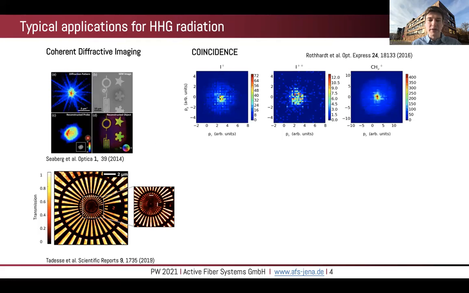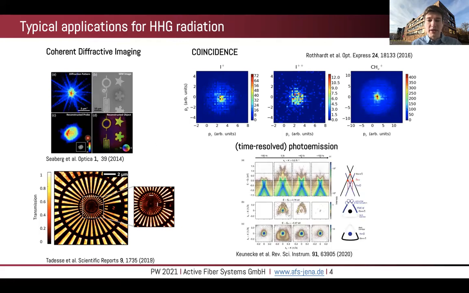Another important application for high rep rate HHG radiation is coincidence experiments, where you really have to rely on statistics to gather data and find your results. There is also application in time resolved photo emission, where a higher rep rate is more beneficial than higher energy systems.